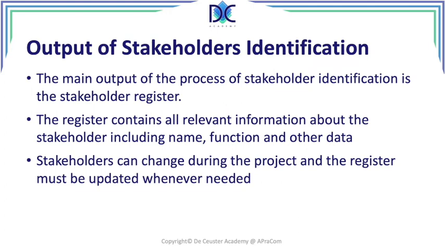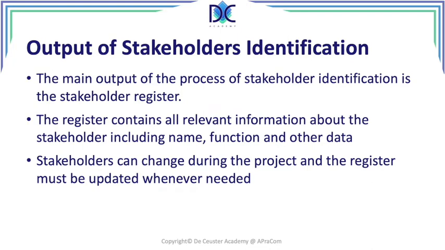We may have stakeholders that change during the project, and we have to update this register regularly. So we have to go through the project, the different steps, different phases. We may have different stakeholders who can be involved in the project, and we have to update that list whenever this happens.